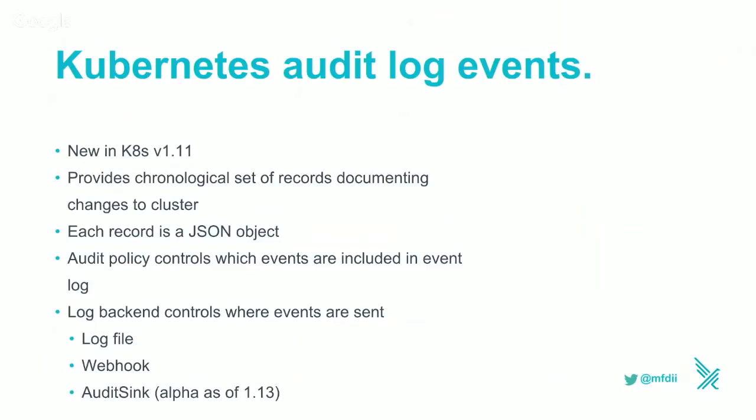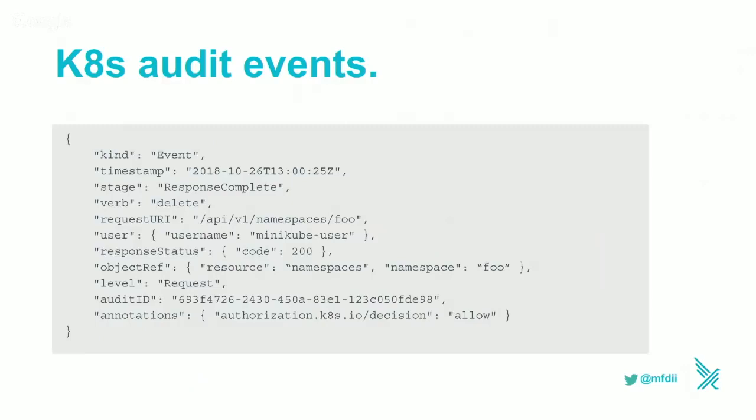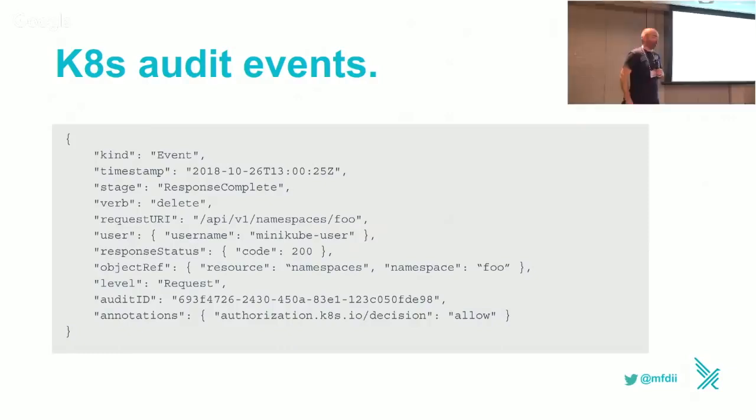That's where audit sinks come in, where it gives you the ability to pull that information out without having to modify the master. So it's a nice new feature that'll open up a lot of use cases. Five Kubernetes versions for audit sinks? Nice. Well, we're glad that it's finally on its way.